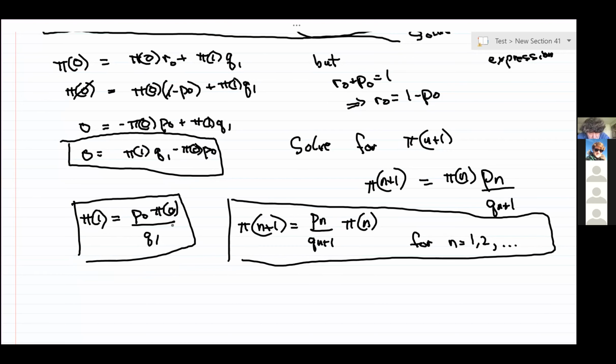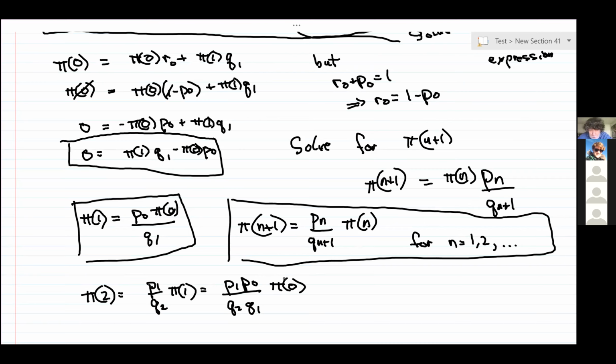Pi 1 is this. What is pi 2? Pi 2 from this, when you put n equal 1, you would get what? P1 Q2 and pi 1. So pi 2 is this, but pi 1 is this. So you can now substitute this in for pi 1, and you'll get P1 P0 Q2 Q1 pi 0.